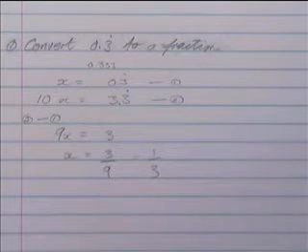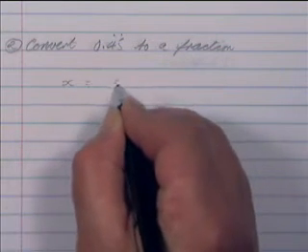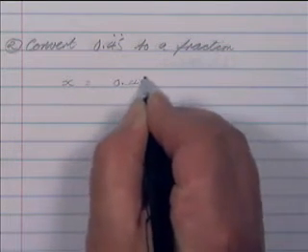Okay, let's have a look at another example now. Convert 0.45 recurring to a fraction. And the basic technique is identical. So I'm going to write x equals 0.45 recurring.